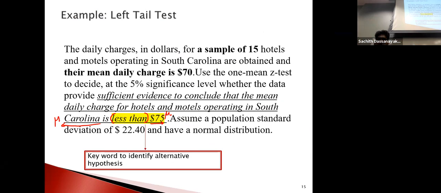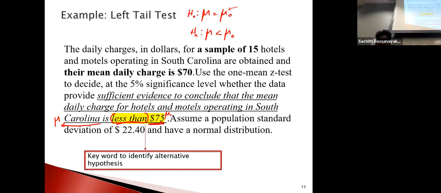It is the given value in your hypothesis testing. H naught is always mu equals mu naught. HA is based on your problem; in this case, less than mu naught. So this fixed value is what I call mu naught. The sign is always less than, greater than, or not equal; only three cases.